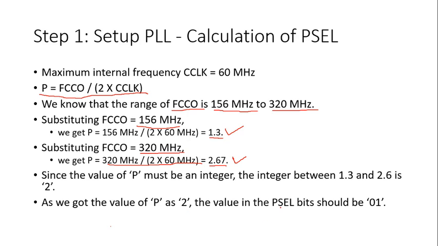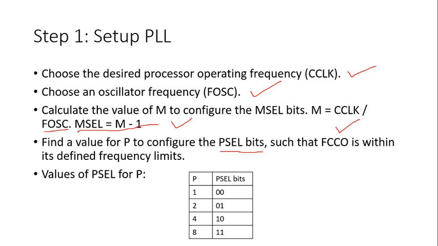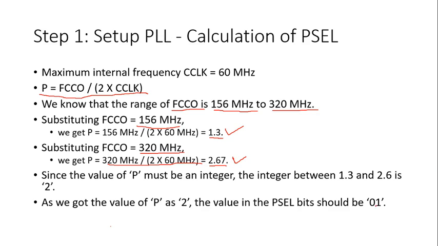So we have got P equal to 2. For 2, the PSEL bits are 0, 1. So we will put the value of PSEL bits as 0, 1 in the configuration register.